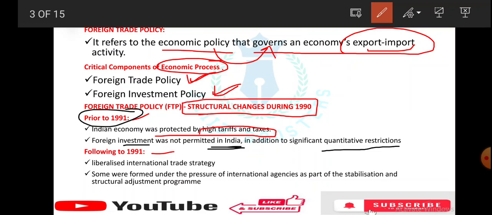There were so many restrictions that there was no investment in India from abroad. Following 1991, liberalized industrial trade strategy reforms were formed under the pressure of international agencies as part of the stabilization and structural adjustment program.